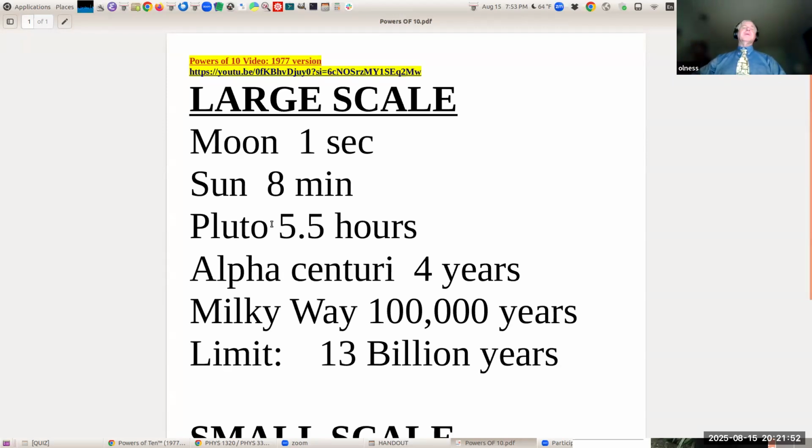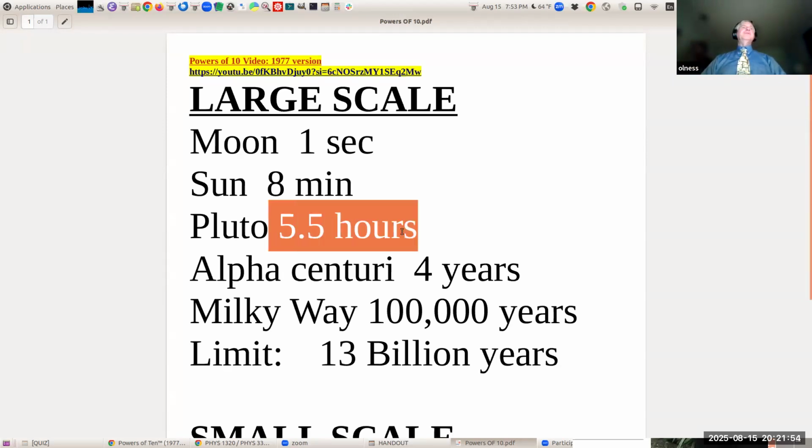How about Pluto? If we send an explorer probe out to Pluto and we say take a picture, it will take 5.5 hours for that message to get out to Pluto. And then if we say send the picture back, it'll take 5.5 hours for that to get back. What about the nearest star?